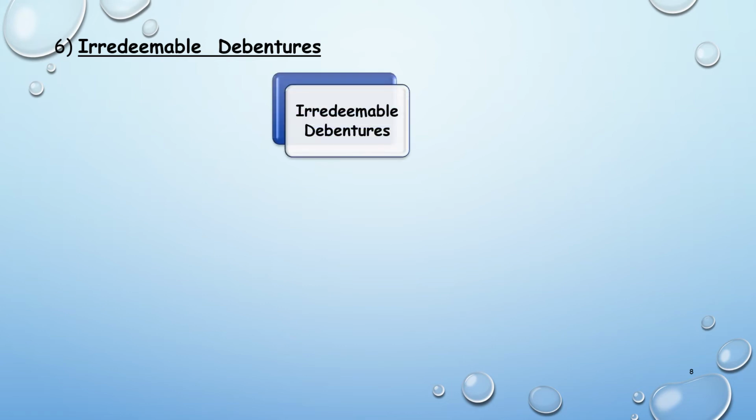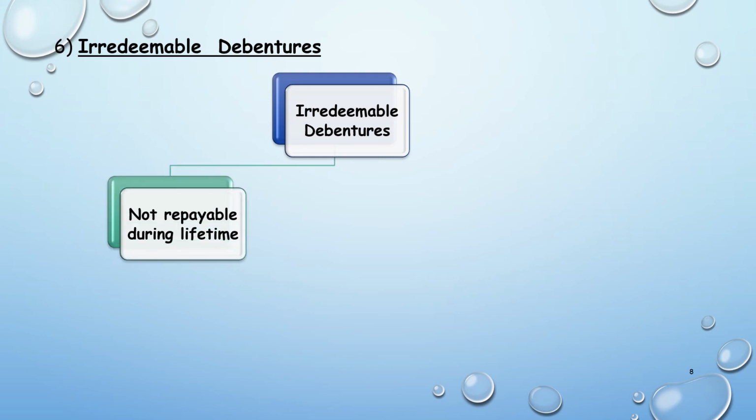Let us now move towards the sixth type, which is irredeemable debentures. Irredeemable debentures are those debentures which are not redeemed, that is not repaid during the lifetime of the company, which means that the amount given by the debenture holders in the form of debenture capital remains with the company throughout its lifetime.